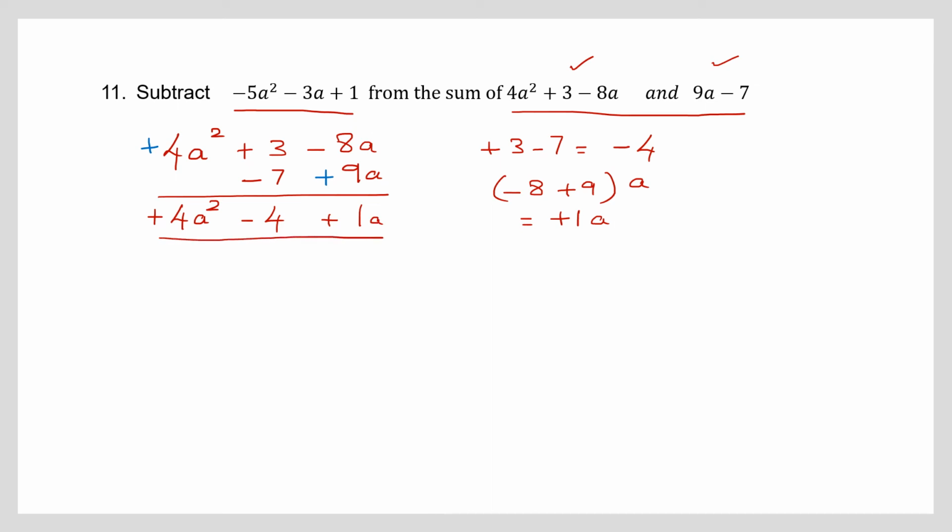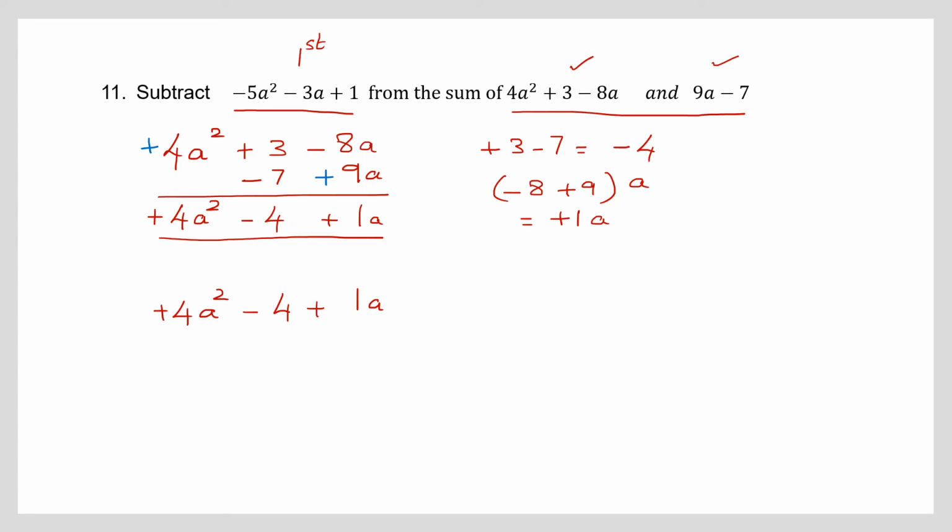Now we need to subtract the first expression from this answer. Okay, so let's write this answer first. Plus 4a square minus 4 plus 1a. Now subtract the first expression from this.